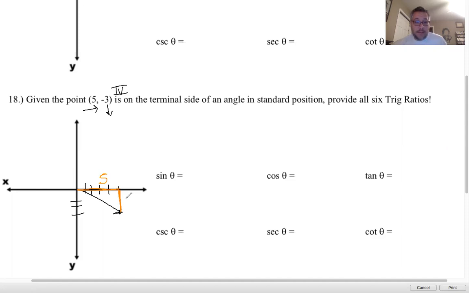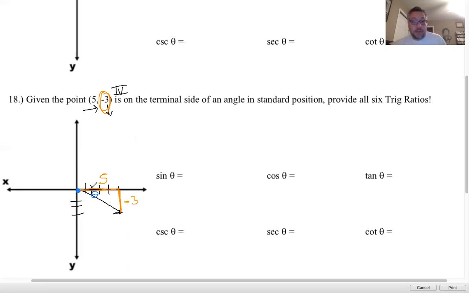That was a length of 3, but since it's below the x-axis, it's -3. You have to make sure you obey the signs here from your point. And the hypotenuse is missing. I can put in my theta, that goes right here. It always goes closest to the origin.